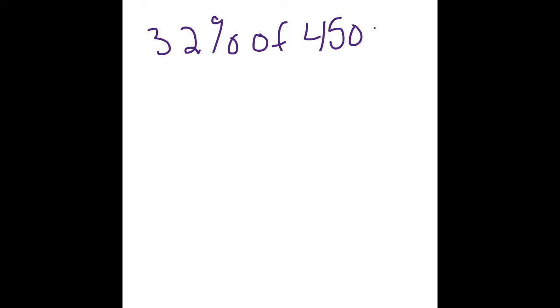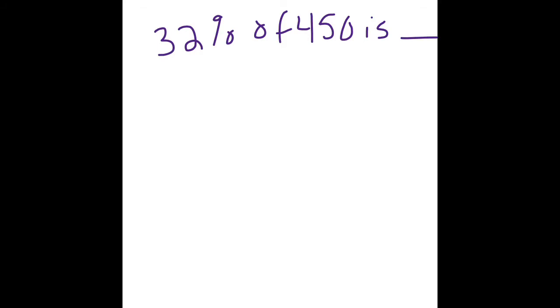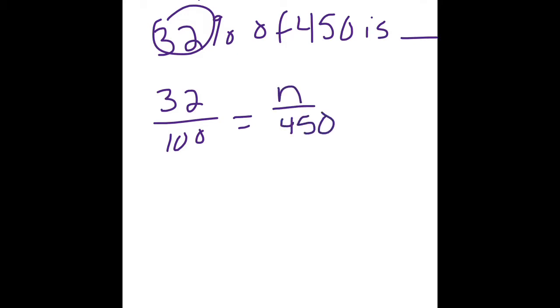Number 2. 32% of 450 is, we don't know. So the part we're missing here looks like it's going to be the percentage. 32 over 100, because this is always out of 100, equals n over 450.